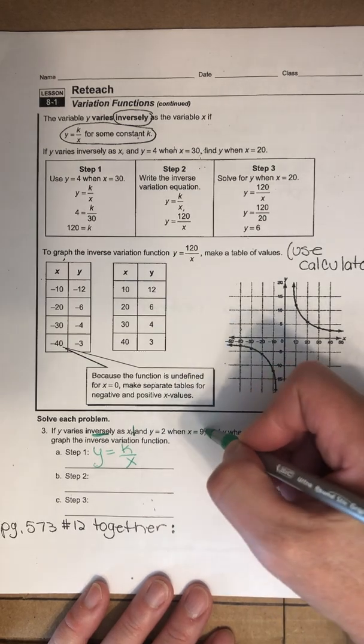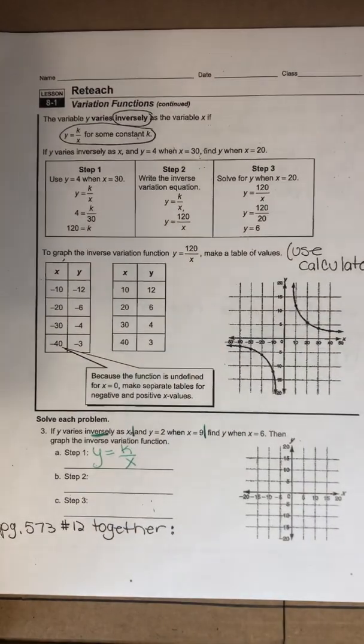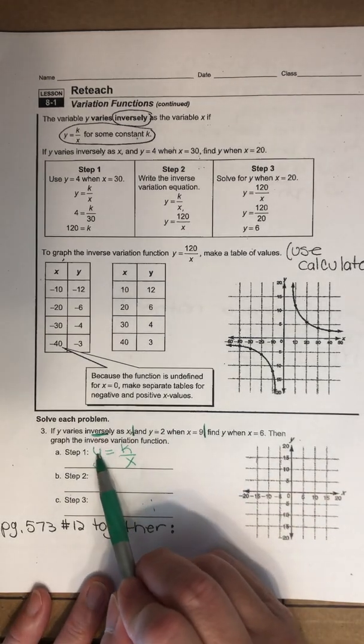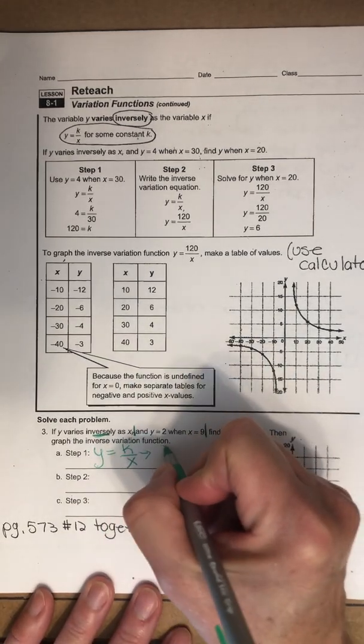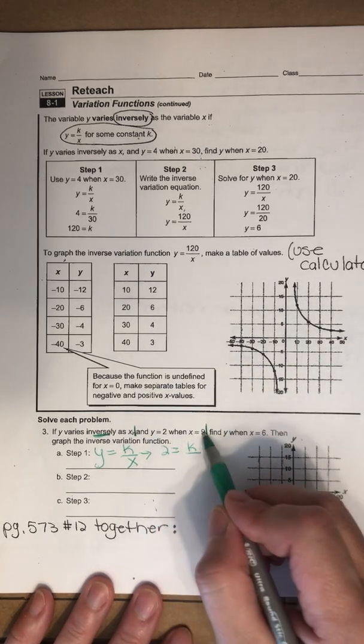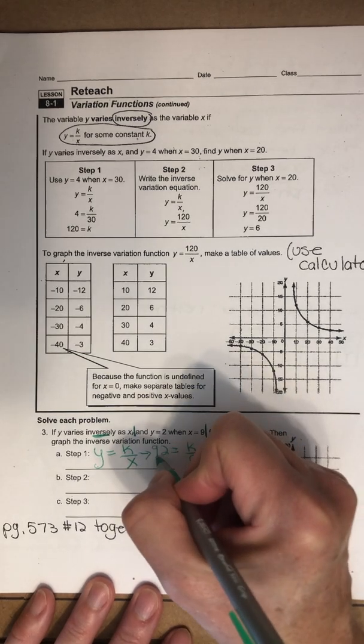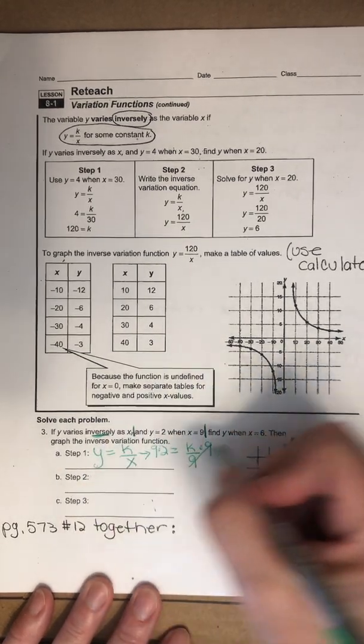And y equals 2 when x equals 9. They just gave us enough information to find k. I'm going to put in 2 for y and 9 for x. Notice we'll multiply both sides by 9 and we get k equals 18.